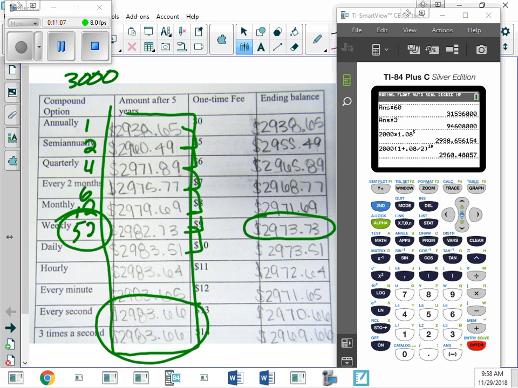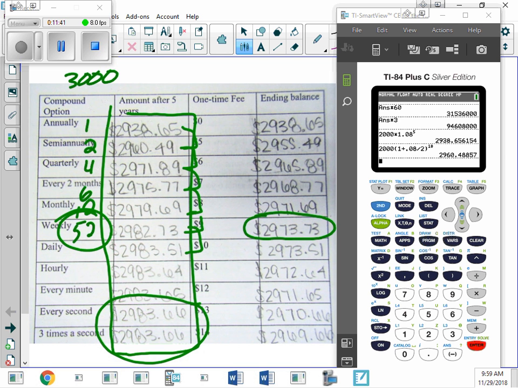So if I have $2,000 and I'm compounding 8% as many times as I want, is there any number I can plug in for n that will make the value at the end of 5 years equal to $3,000? And it doesn't look like it, right? If I put an even bigger number in, I'm probably still going to get 83.66 cents. Does that make sense? So the interest has an upper limit.